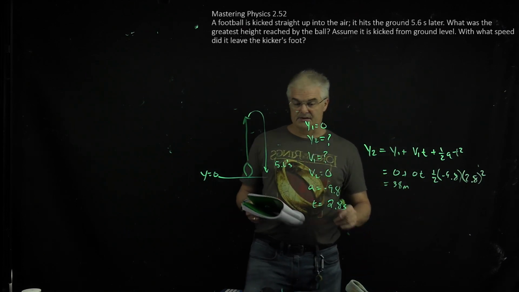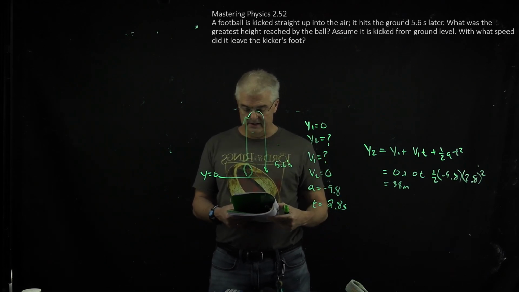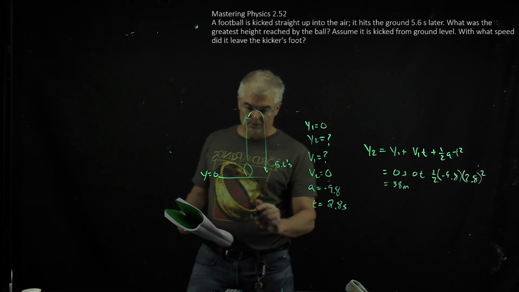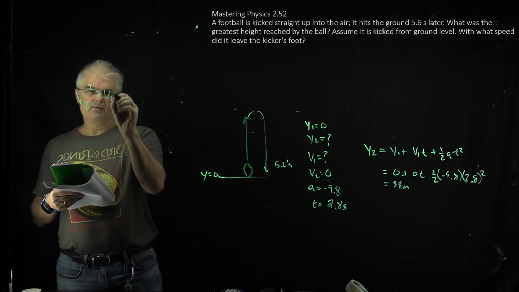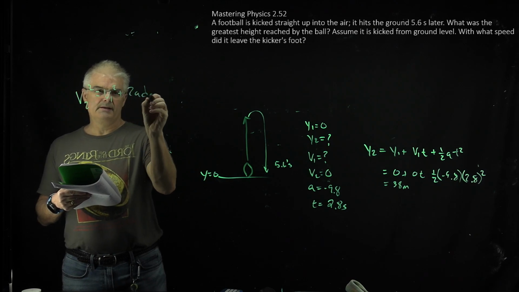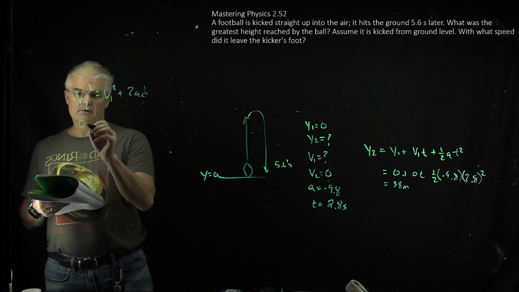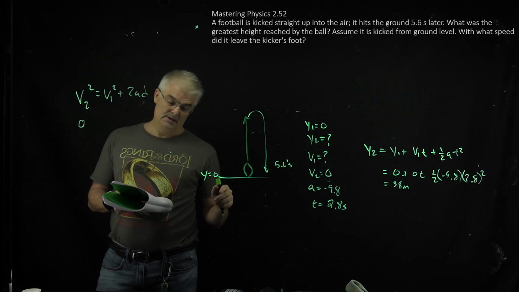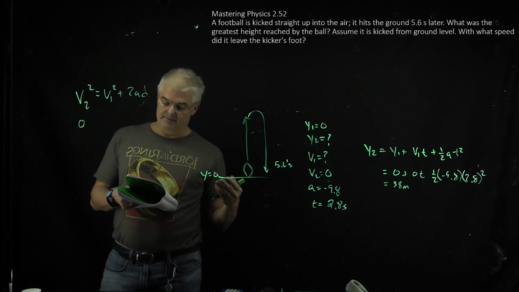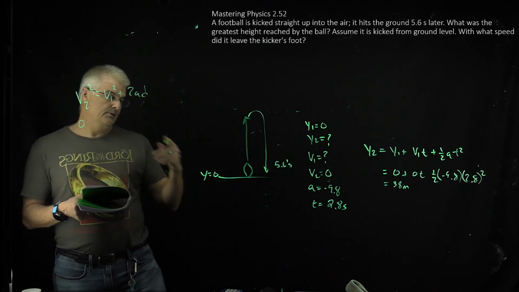Okay? The second question, though, is how hard did the kicker need to kick it? And so on this problem, we can use the equation v2 squared equals v1 squared plus 2ad. And we need that 38 from this. So we know v2 is 0, right?